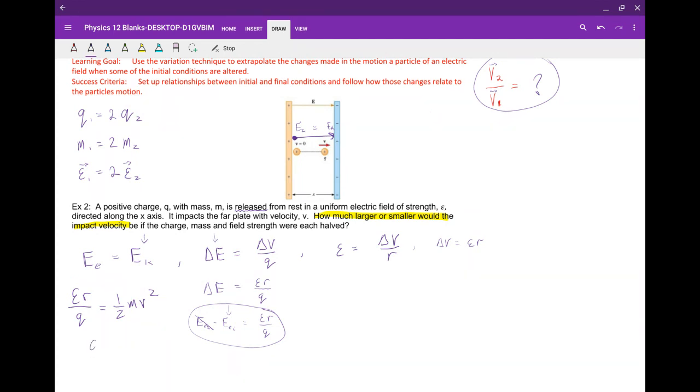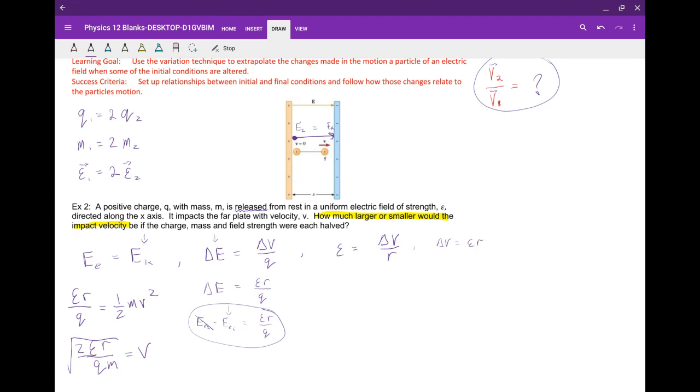So it's the square root of 2 E R over Q m. I multiplied it by 2, divided by m, and rooted it, and that should be the velocity with which the object hits the other plate. It's 2 field strength radius over charge of the particle times its mass.